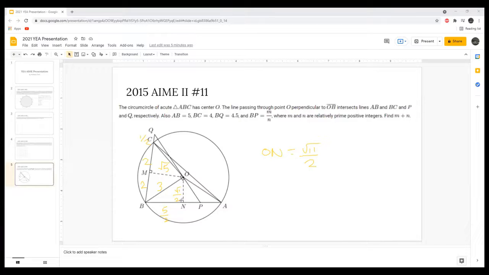So that means MP is equal to 11/10, just by direct division. So then how do you find BP? You just sum BN and MP. 5/2 plus 11/10 is equal to 18/5, and therefore the answer to this question is 23.